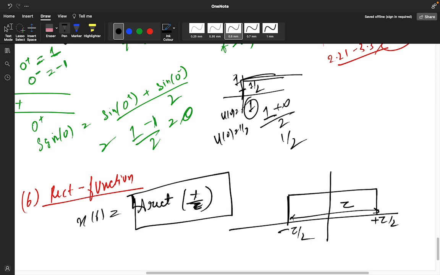Tau by 2 minus of minus will be plus only, so tau will come. And this particular level is your A.